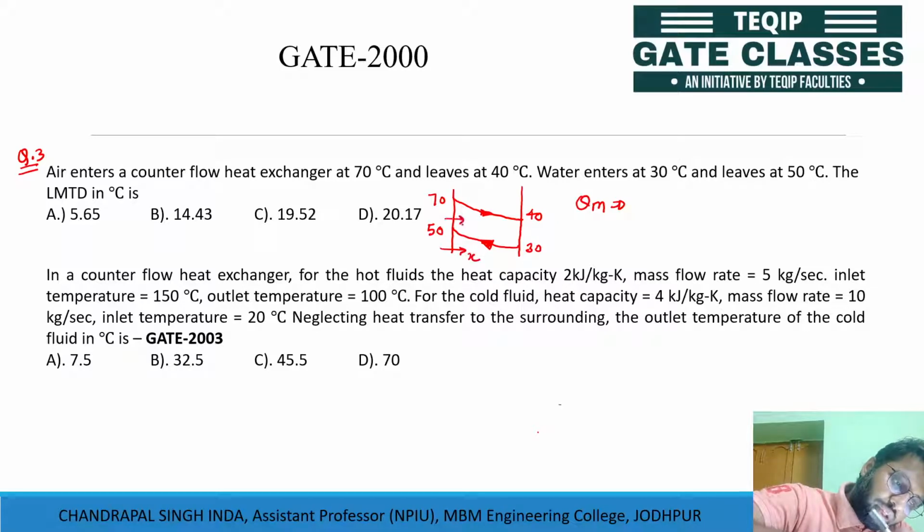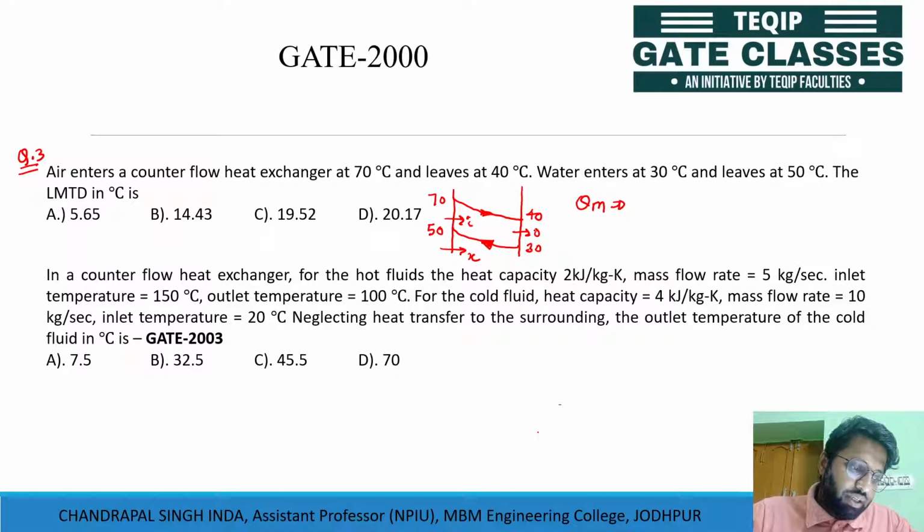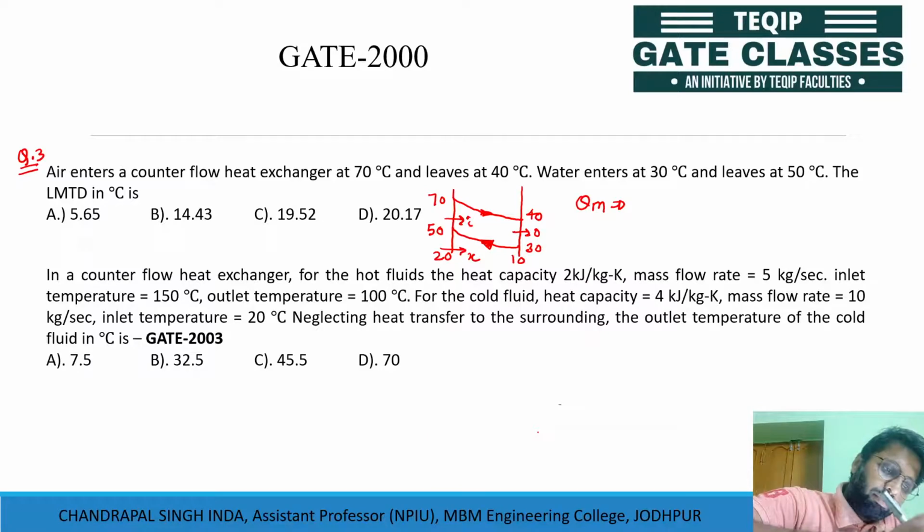Now here the theta mean will be equal to the following. This is the inlet direction of the flow, this is at the inlet and this is at the outlet. At the inlet the temperature difference is 20 degrees, and at the outlet the temperature difference is 10 degrees. So we will have 20 minus 10 divided by ln 20 by 10, that is 10 divided by ln 2.